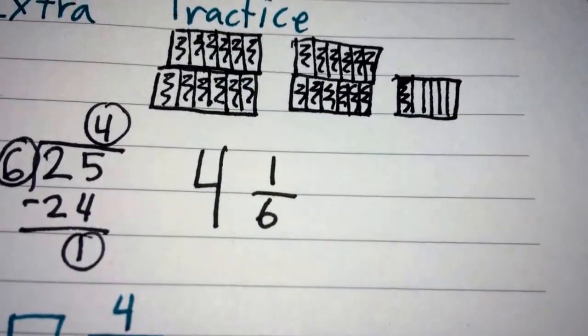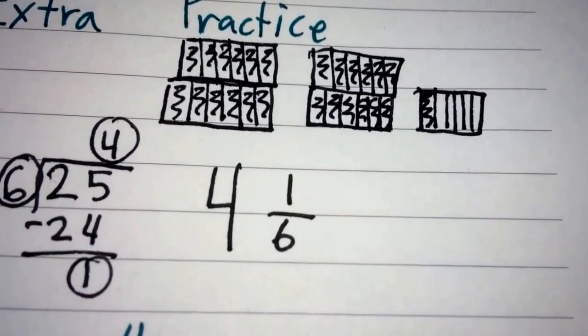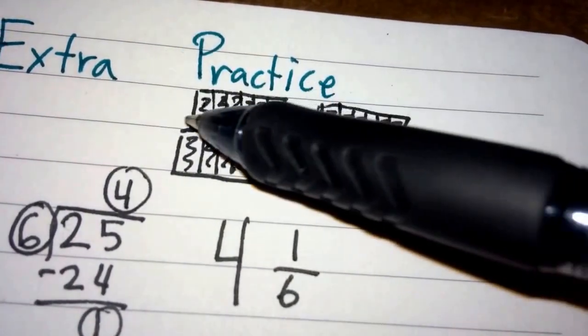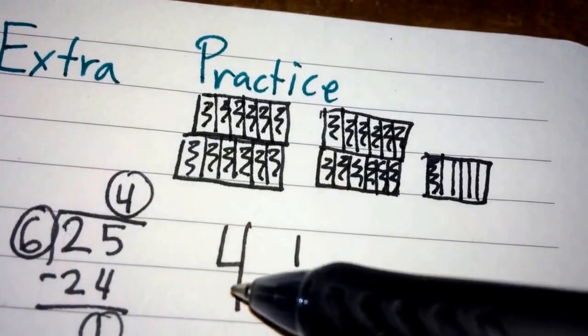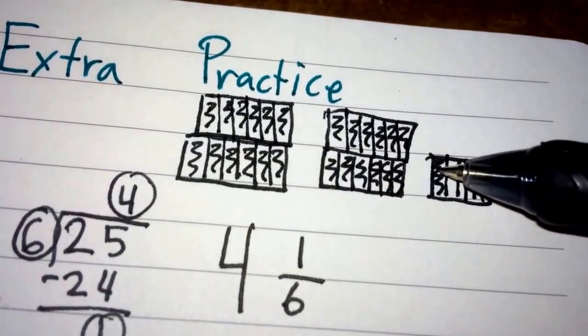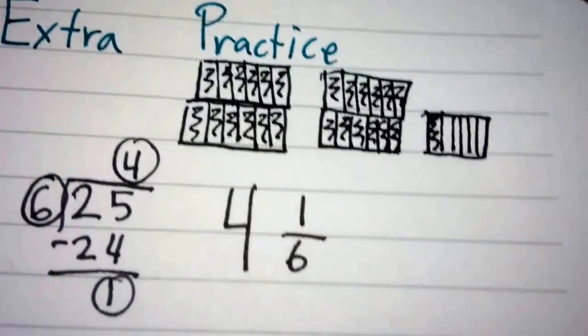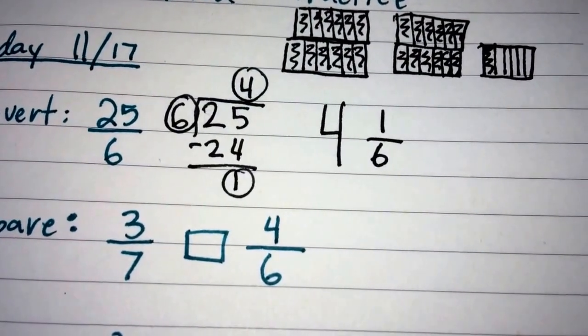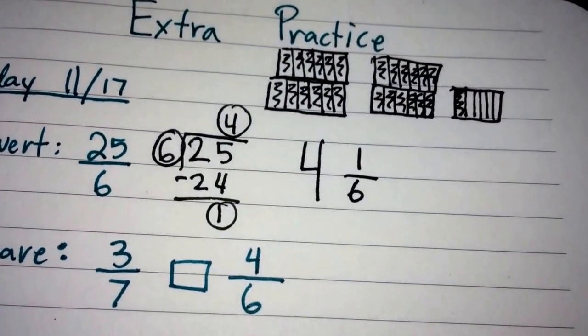So I just filled in 25/6, but I can also see that that's 1, 2, 3, 4 whole candy bars and 1/6 left over. So that's why 25/6 is equivalent to 4 1/6.